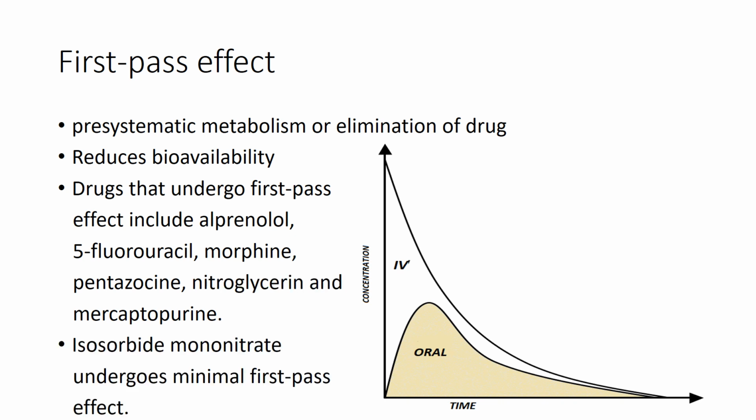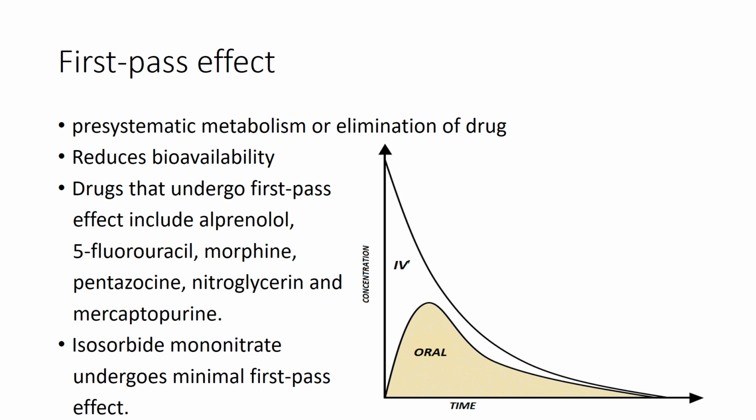Also, a good example for first-pass effect is nitroglycerin. Although nitroglycerin administered orally is readily absorbed, it is extensively metabolized during the first pass through the liver.